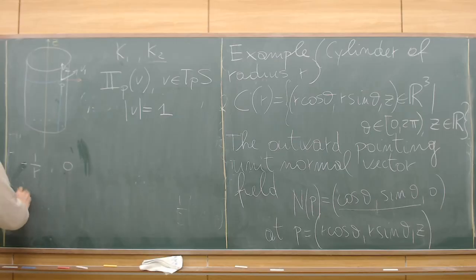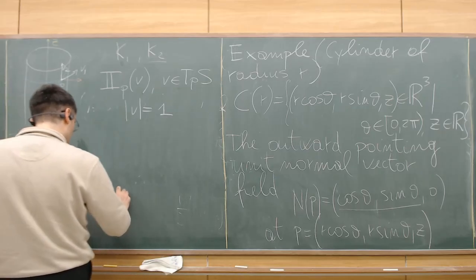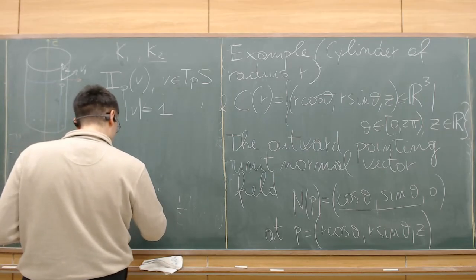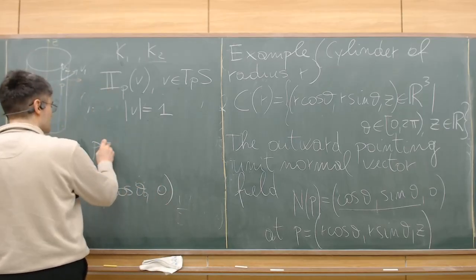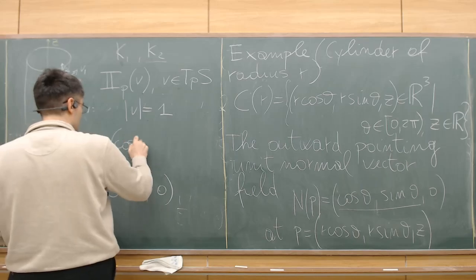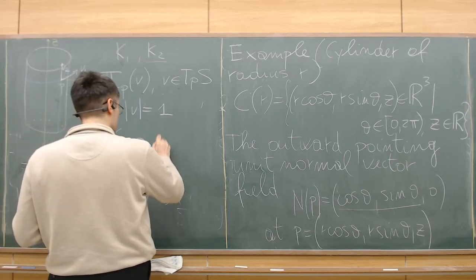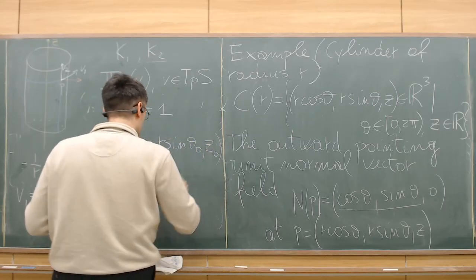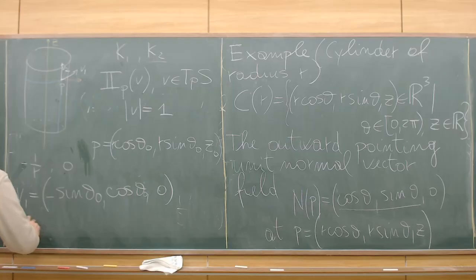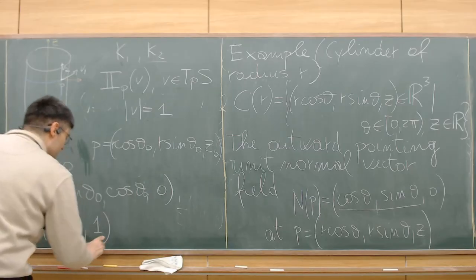Precisely, V1 is given by minus sinus of theta 0, cosinus of theta 0, 0 if P is a point of coordinates r cosinus theta 0, r sinus of theta 0, z0, and V2 is 0, 0, 1.